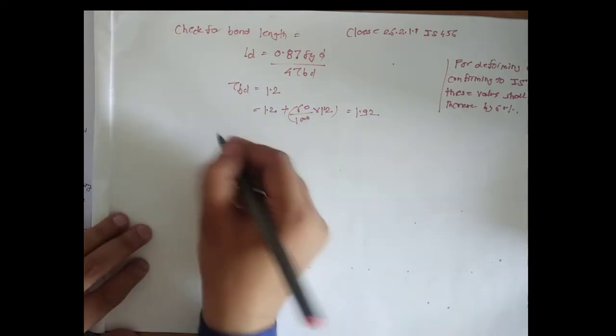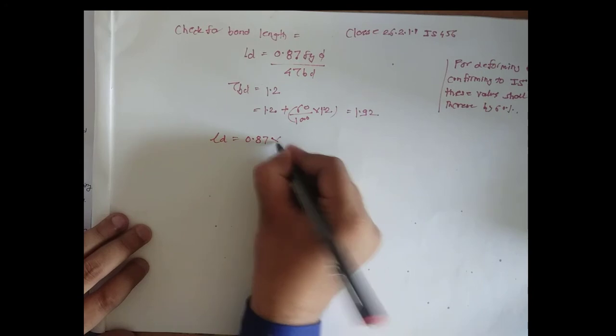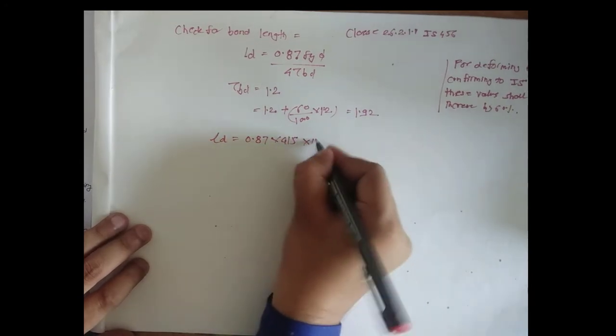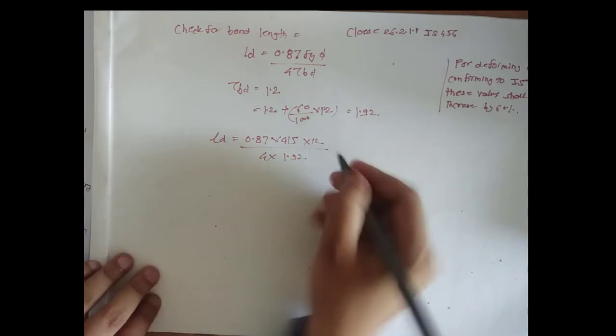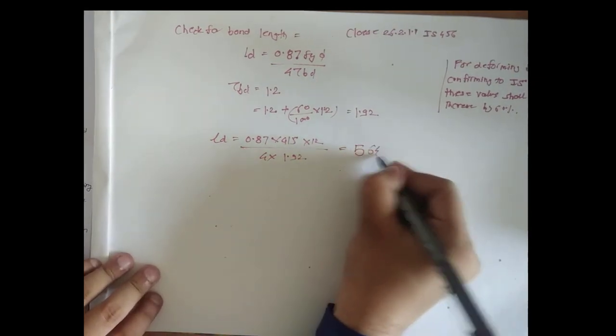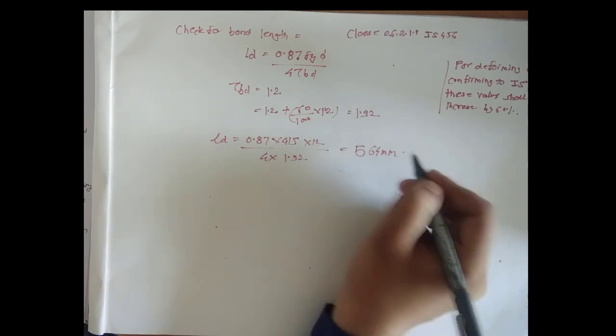So LD, development length, is 0.87 into 415 into 12 bar diameter divided by 4 into 1.92. It is coming out to be 564 mm. Clear?